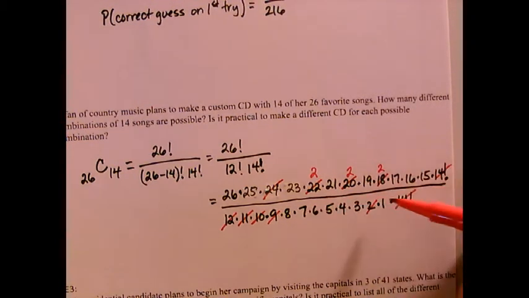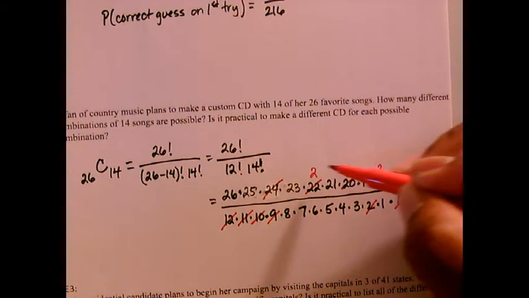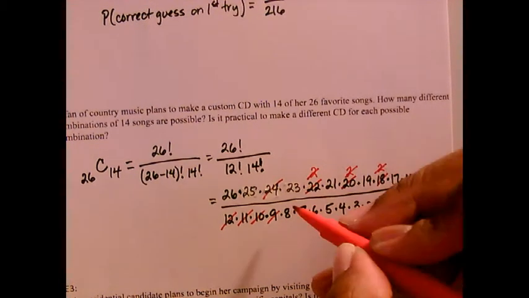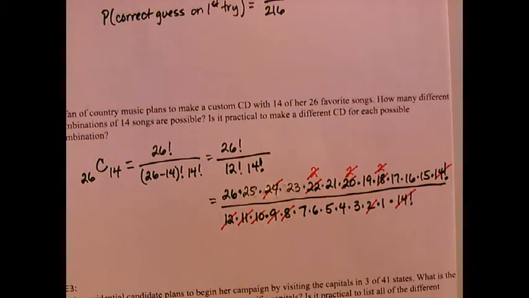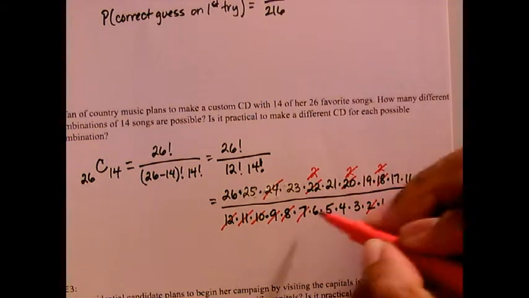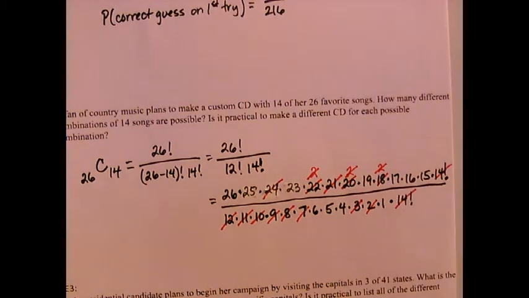Let's see, with the 8, well, with these 2's that I got up here, 2 times 2 times 2, that's 8. All that can be divided out with this 8. And I know this 7, well, 7 times this 3 would give me 21. I can divide that out with that 21 up here.